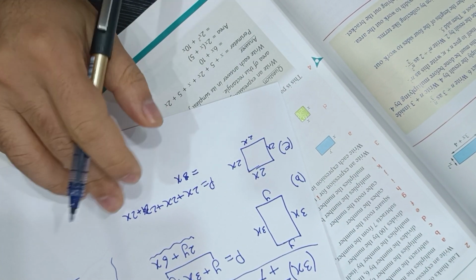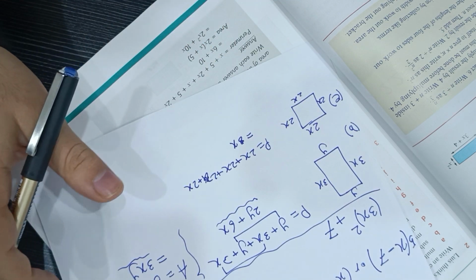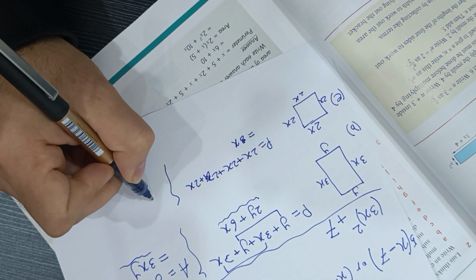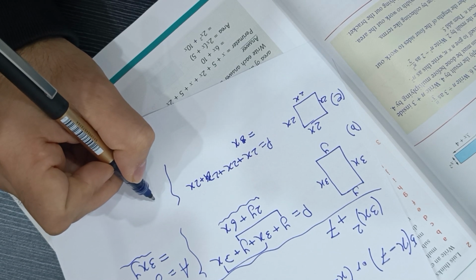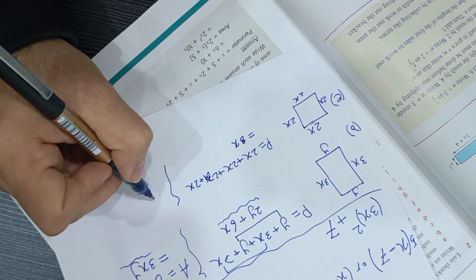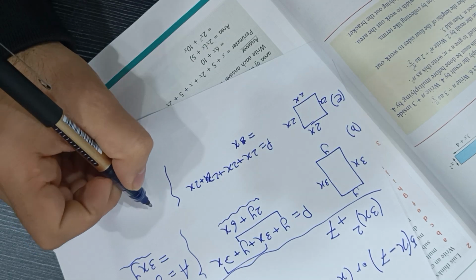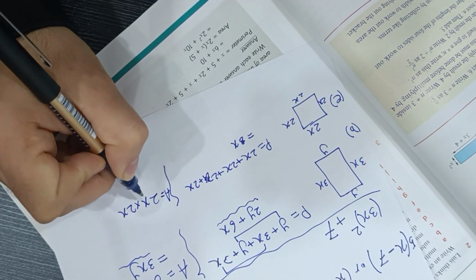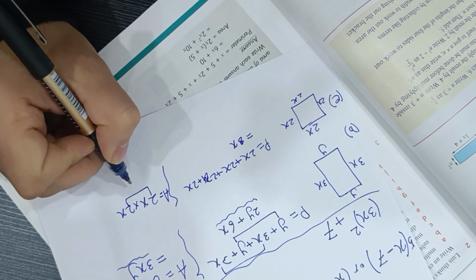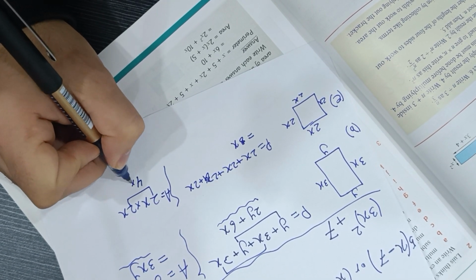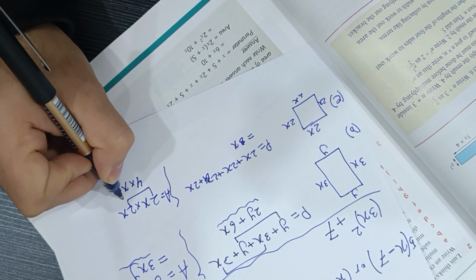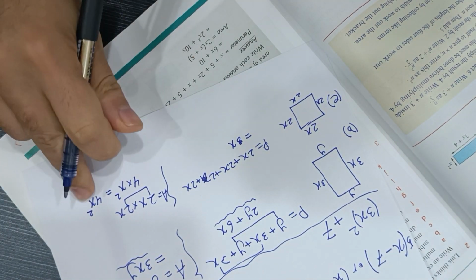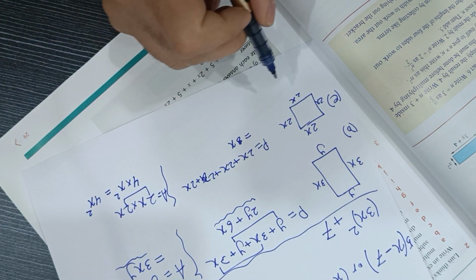So 8x is our expression for the perimeter of this square. And the area is side times side for the square, so you can write 2x times 2x. Remember A. So 2 times 2, coefficient times coefficient, 4, variable times variable, x squared. So it's better to write it as 4x squared. And here is the expression for the area.